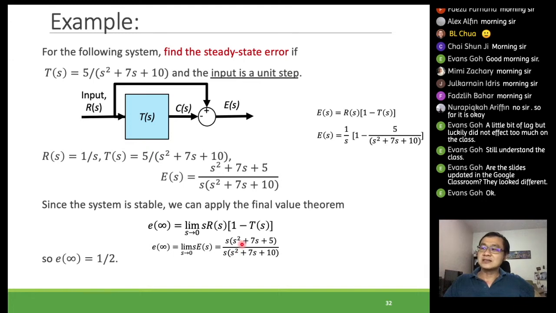If s is 0, this term is 0, this term is 0, this term is 0, this term is 0, and what remains is 5 over 10, meaning our steady state error would be 5 over 10, which is 1 over 2. So by looking at the equation and the type of input, using the final value theorem, we can know the steady state error. This is how we can apply it.